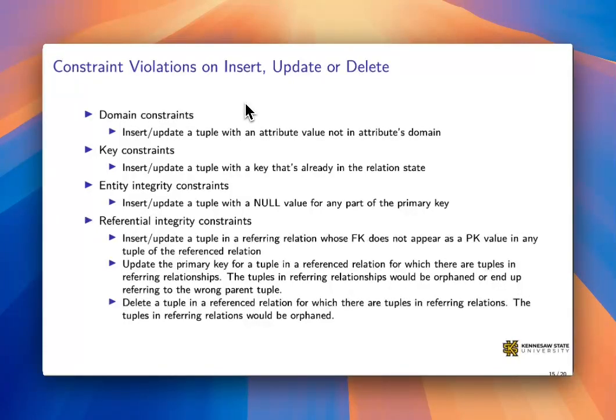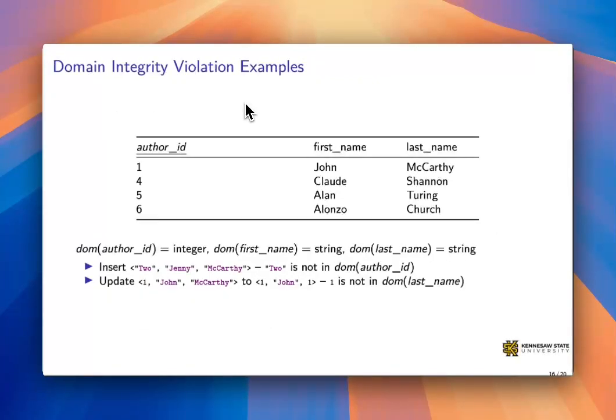If you try to put a tuple in a relation with a key, and that key is already in the relation, that's a key constraint. If you try to put data in a tuple with a null value for some part of the primary key, that's an entity integrity constraint, and you can't do that. And then there are many ways to create referential integrity constraints, and we'll see examples of those right now.